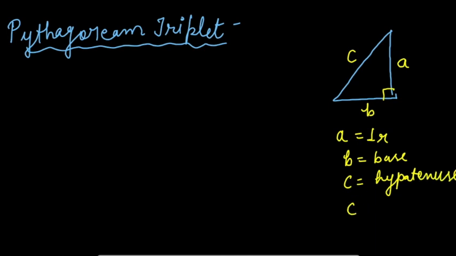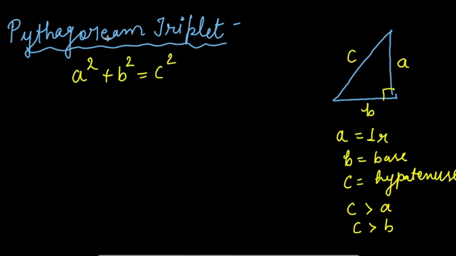And we know that the hypotenuse is the longest arm, so C will be greater than A, C will be greater than B as well, right? And in any right angle triangle, we say A square plus B square is equal to C square. That's your Pythagoras theorem, right?